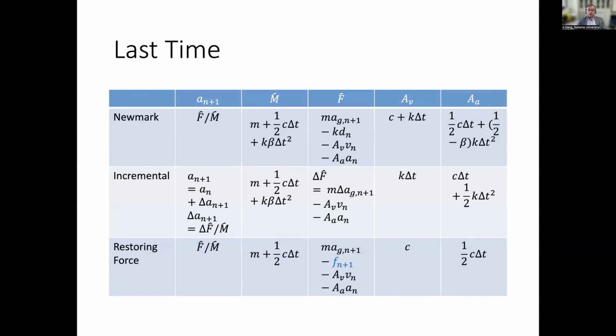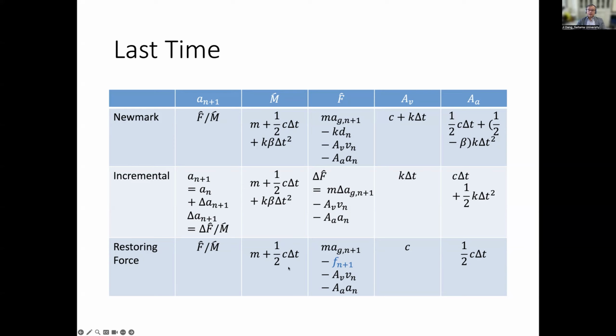Last time when we talked about nonlinear simulation, we did some preparation work. Compared to the traditional Newmark's beta method, we use an acceleration-based Newmark beta method. Instead of that, we used an incremental acceleration-based method, and we directly use restoring force to calculate.